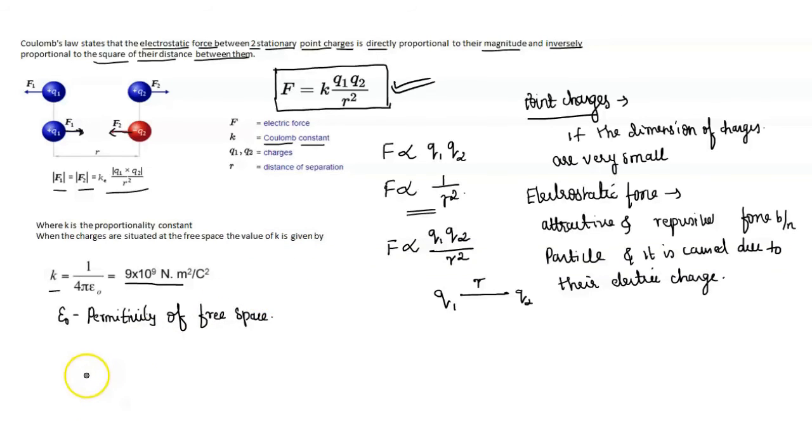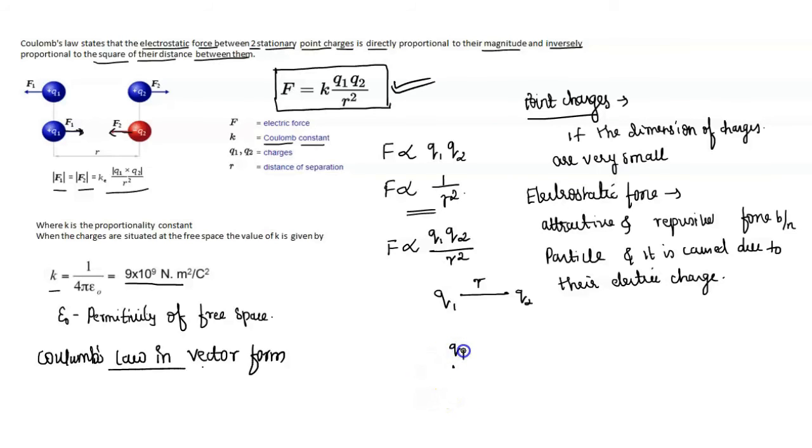Now let us consider Coulomb's law in vector form. Consider two like charges Q1 and Q2 separated by a distance r in vacuum. If both are positive, the electrostatic force will make them repel each other.